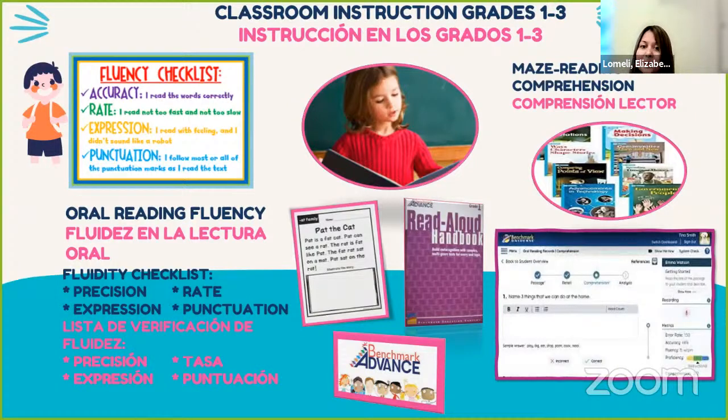A fluent reader is able to read easily without having to stop, with precision, with a good rate of speech, right? A good pace, a good expression, and a good reader also will know punctuation, will know when to react, when to pause, when to exclaim.